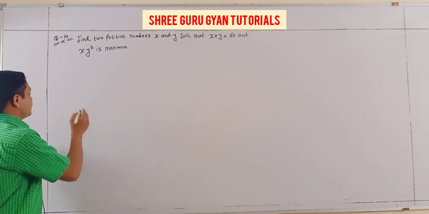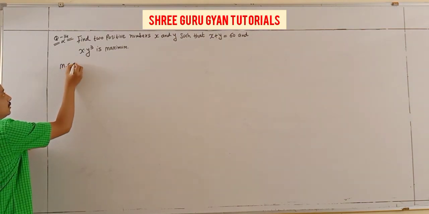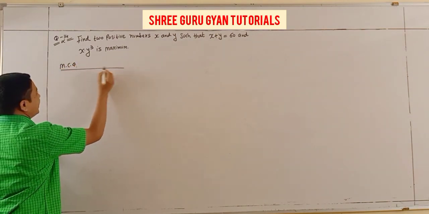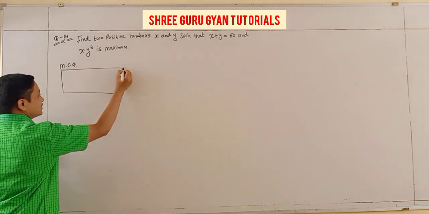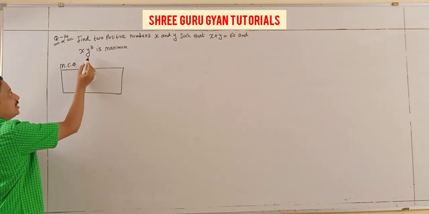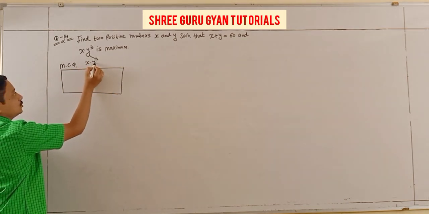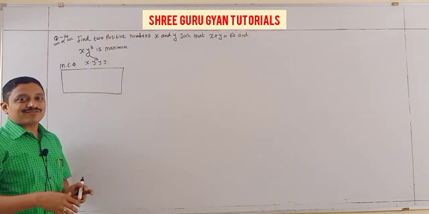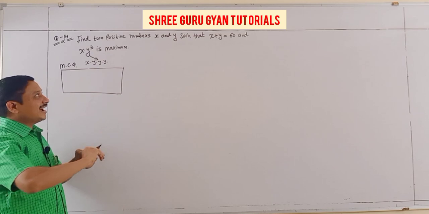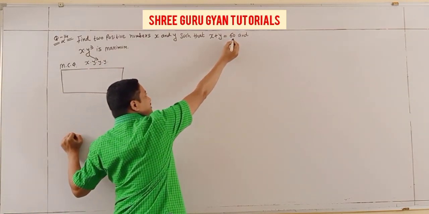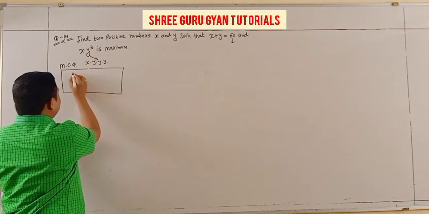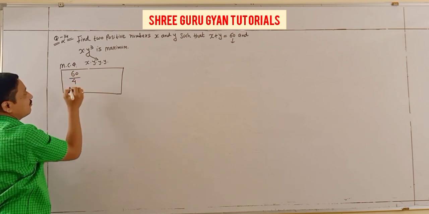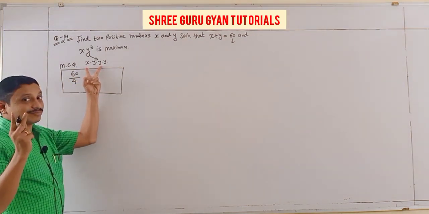In the MCQ way, you can operate very quickly and get the easiest answer. You want x y cube, it means x into y into y into y. There are 4 factors. The total is 60, so in MCQ you take 60 divided by 4, because here there are 4 numbers.